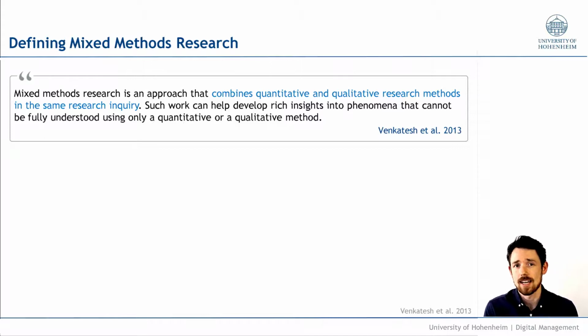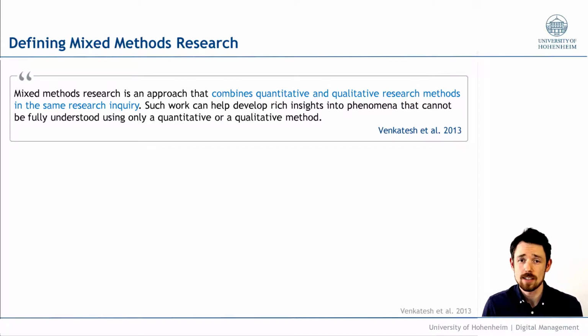Such work can help develop rich insights into phenomena that cannot be fully understood using only a quantitative or a qualitative method. So basically what he says is to only use mixed methods research when a quantitative or qualitative approach alone is not sufficient to answer your research question.